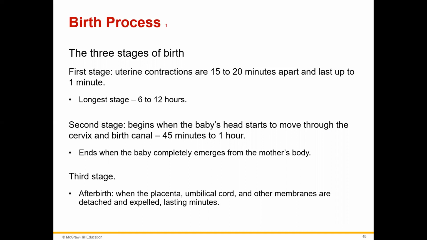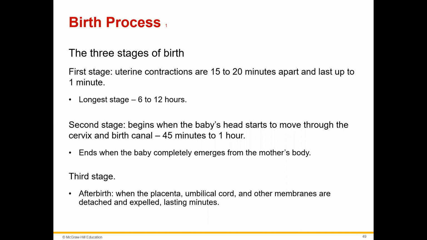The second stage begins. Actually, before I go there, the first stage will end once the cervix dilates to an opening of about 4 inches or 10 centimeters. This is what the contractions are doing. They're dilating and opening up the cervix.